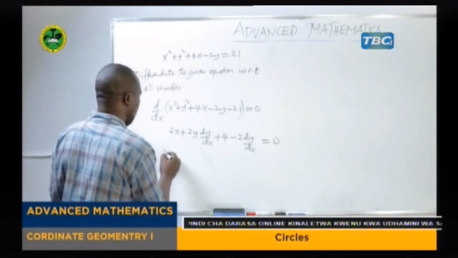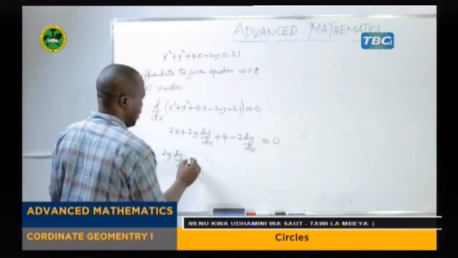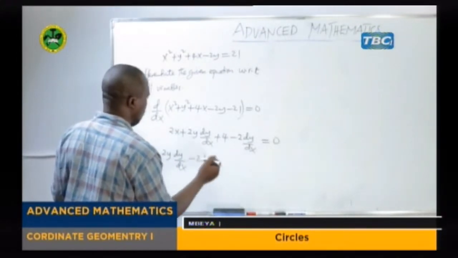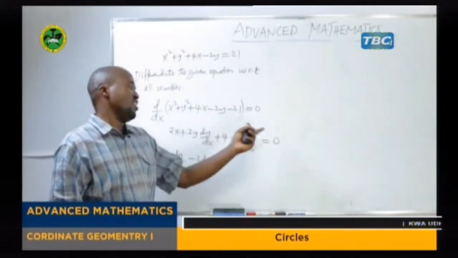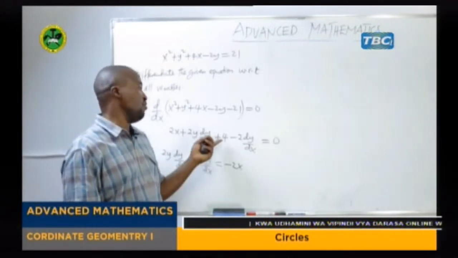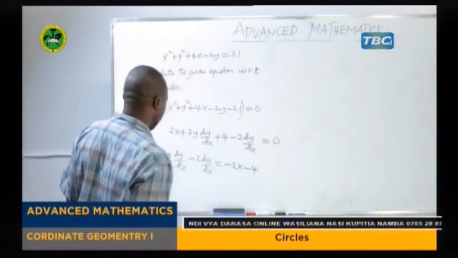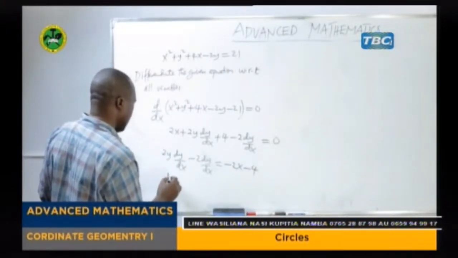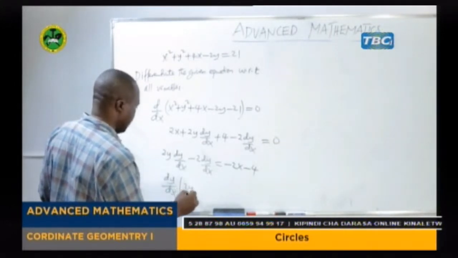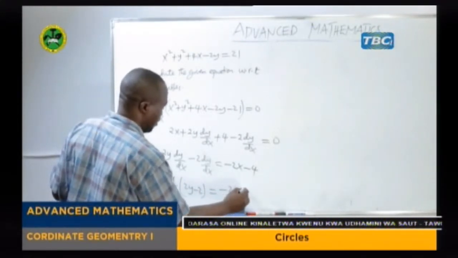So here we have 2y dy/dx minus 2 dy/dx. This one is equal to, so we shift 2x to our right hand side, we are going to have negative 2x, but again we shift positive 4 to our right hand side, that will be minus 4. So dy/dx, that is common, so we are going to have 2y minus 2 is equal to negative 2x minus 4.